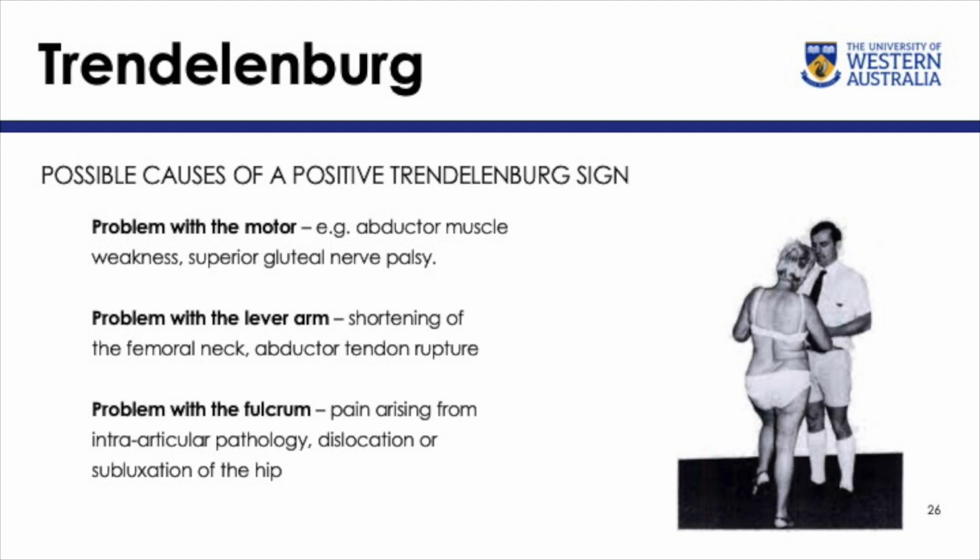This can be a problem with the motor, such as a superior gluteal nerve palsy. It can be a problem with the lever arm, such as a shortening of the femoral neck or a rupture of the abductor tendon, or it could simply be a problem with the fulcrum, such as pain arising from an intra-articular pathology.